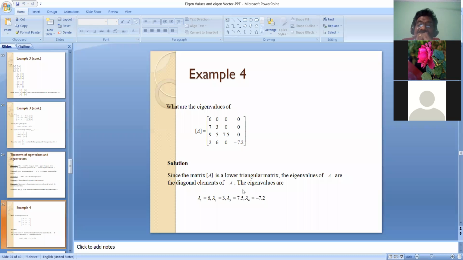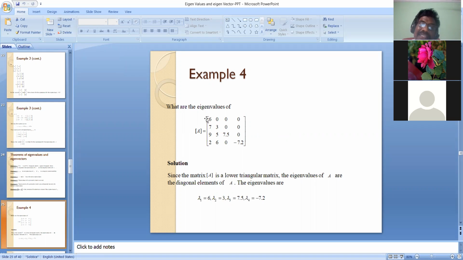Since the matrix A is a lower triangular matrix, the eigenvalues of A are the diagonal elements of A. We write down the characteristic equation: determinant of 6 minus lambda, 0, 0, 0; 7, 3 minus lambda, 0, 0; 9, 5, 7.5 minus lambda, 0; 2, 6, 0, minus 7.2 minus lambda, equal to 0.